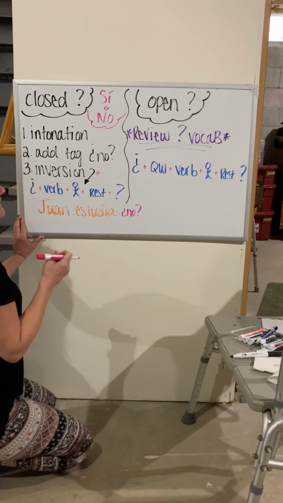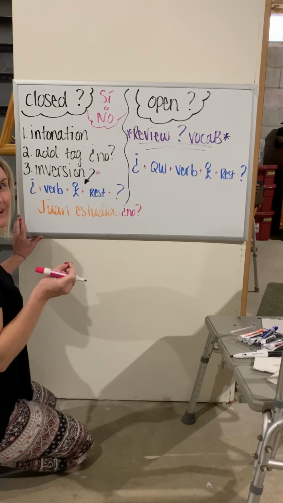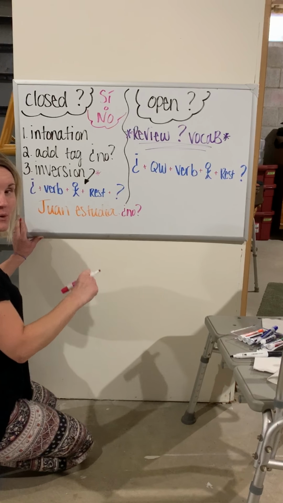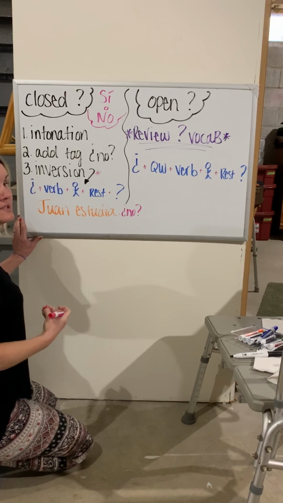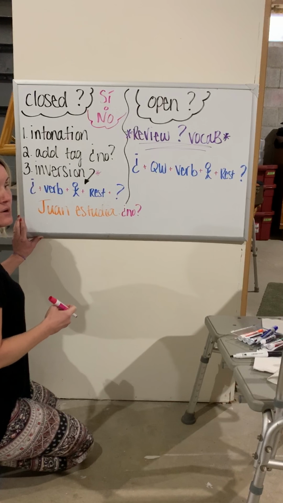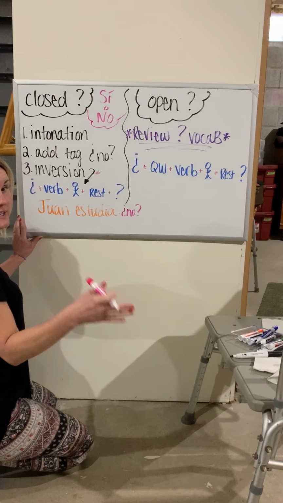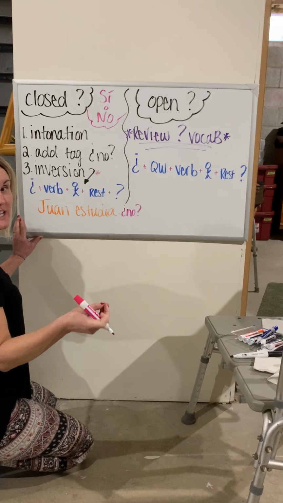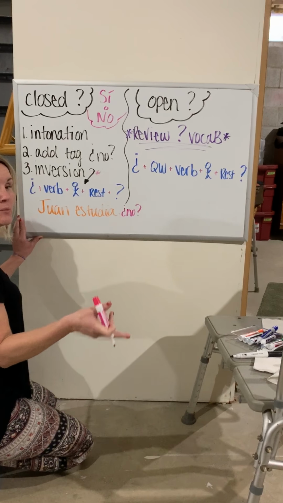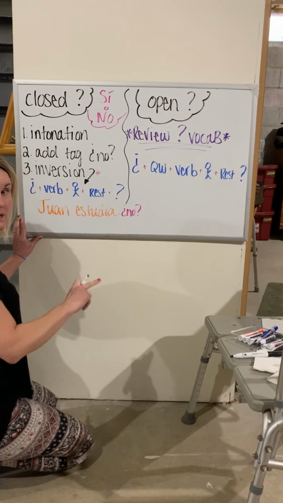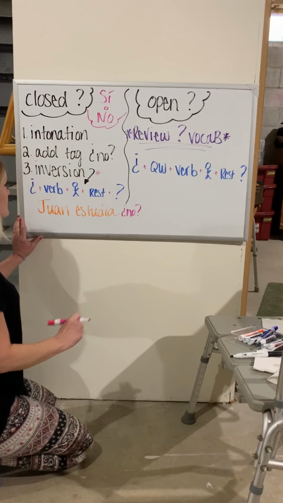Inversion is a fancy way of saying put your verb before your subject. We do the same thing in English. So I could say, you are eating, and if I change that to a question, I'm going to put my verb before. Are you eating?